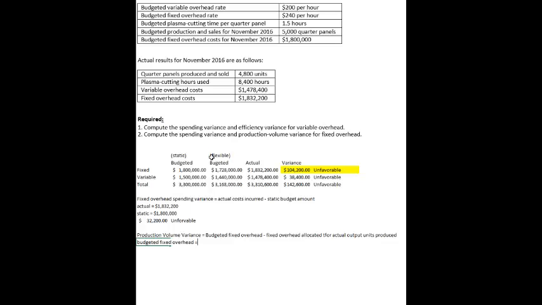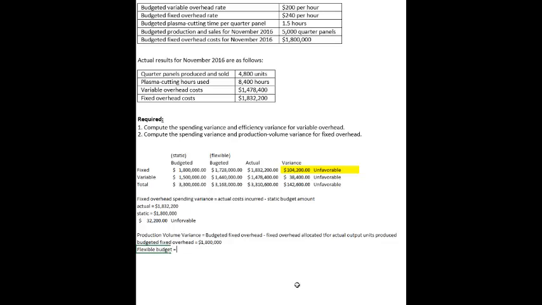We have a static and a flexible budget. We're going to take the actual static budget and we're going to compare that to the fixed overhead that would be allocated for actual output units produced. What the heck does that mean? So that's the flexible budget amount.